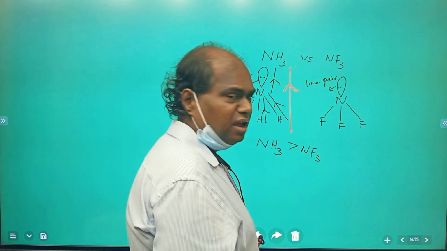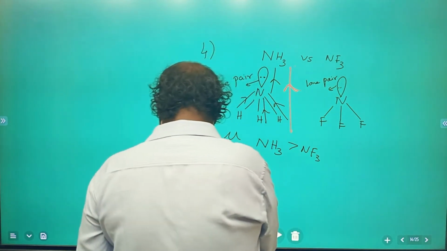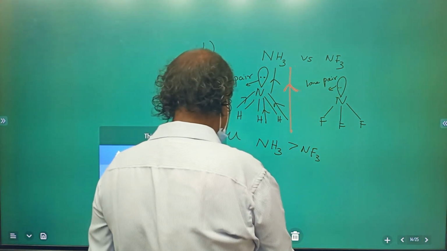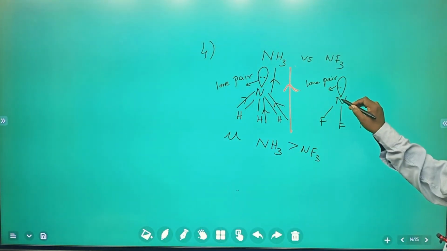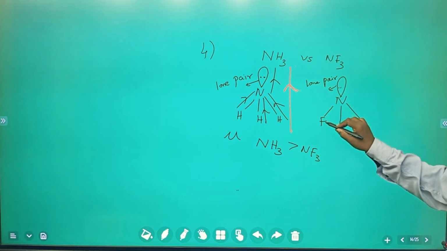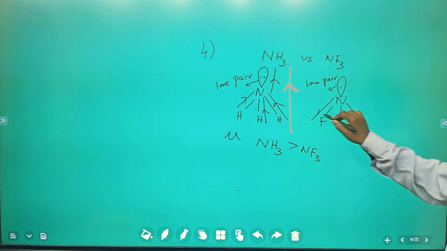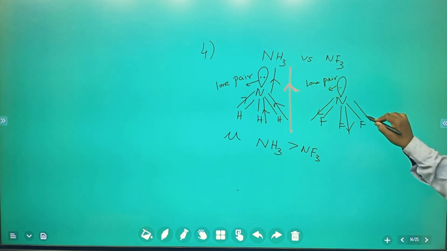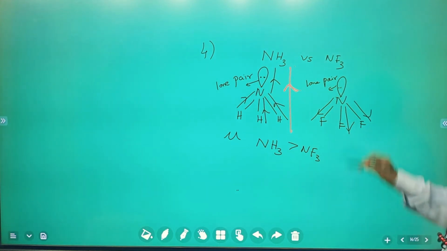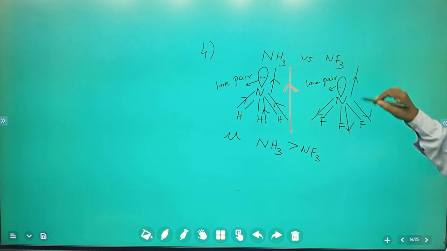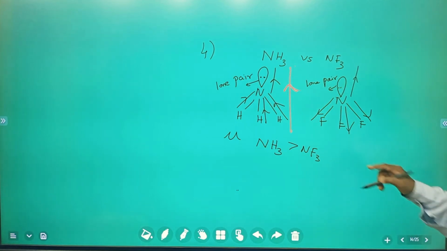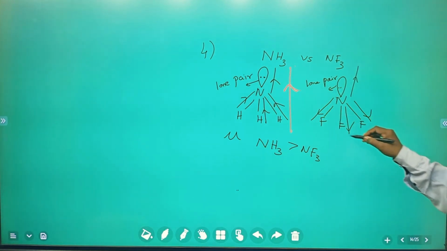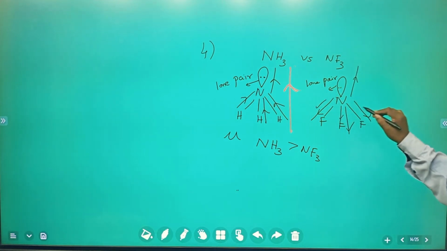Okay. But let us see for NF3 now. Now in case of NF3, what happens is they don't get added up. Just see now. Plus to minus. Now please remember here minus is fluorine. So plus to minus, plus to minus, plus to minus, right? And here again plus to minus. Are you clear? Now students, if you see very carefully, these three vectors are getting added up. When I'm saying these three, I mean this, this and this.